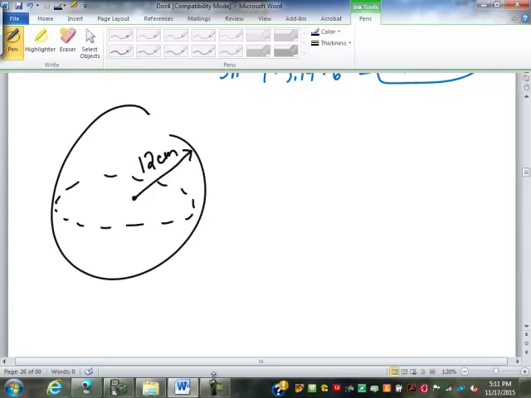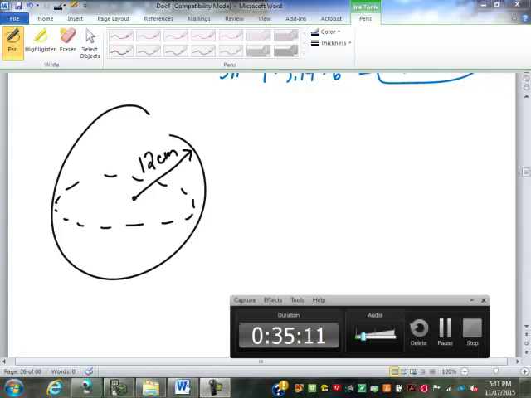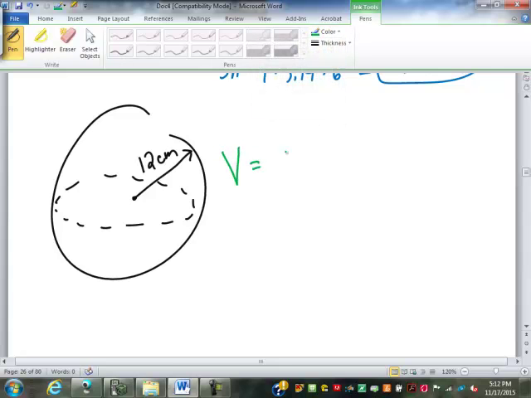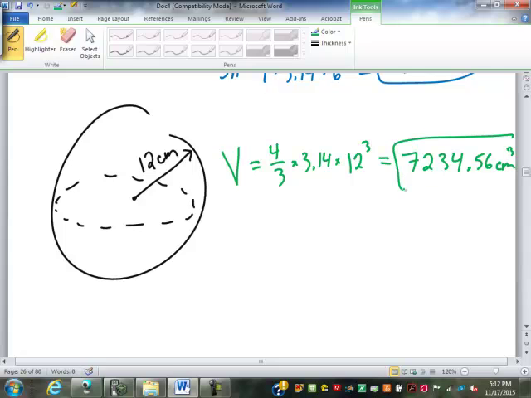Find the volume and the surface area. So the volume would be 4/3 times 3.14 times 12 to the third power, which is 7,234.56. The other side is centimeters cubed. Does that look right?